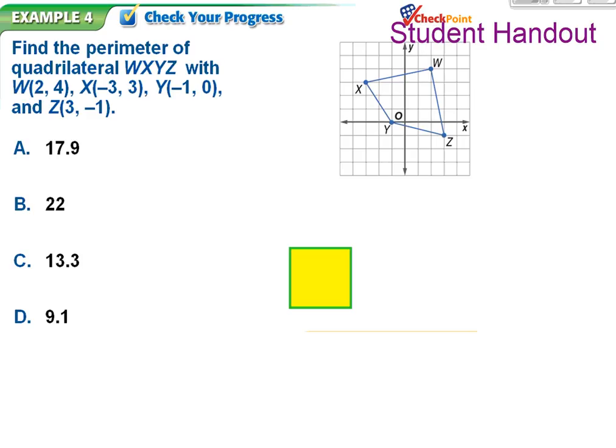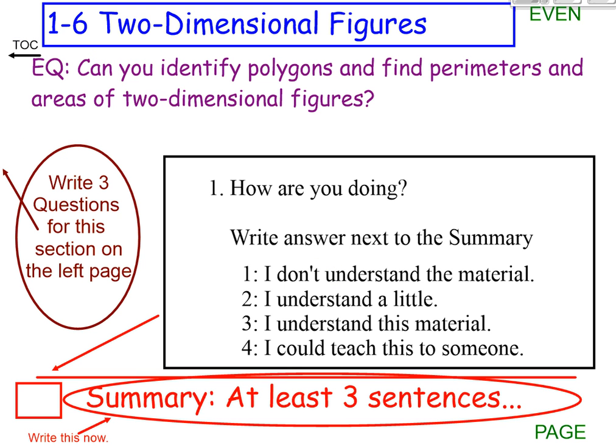I'll ask that you pause this, give yourself some time to find that using the distance formula, and then I'll reveal the answer to you. So I'll count down again, 5, 4, 3, 2, 1. And hopefully you've had some time to work that, and the answer for that is letter A. Now, that is this lesson.